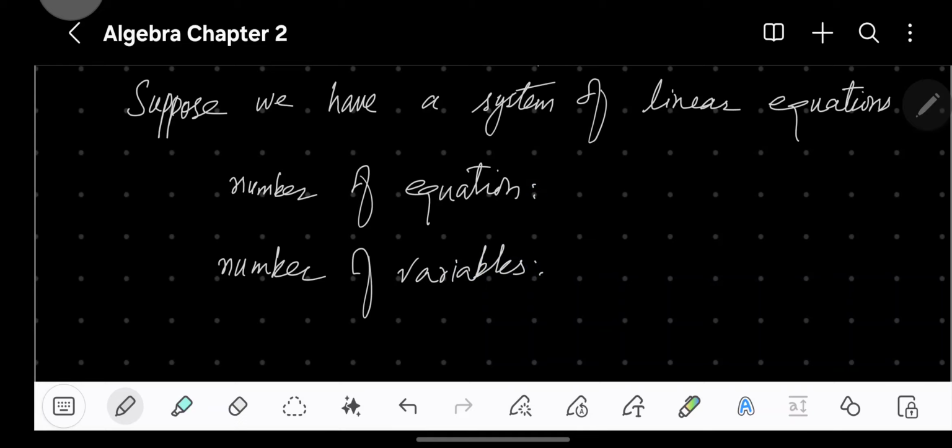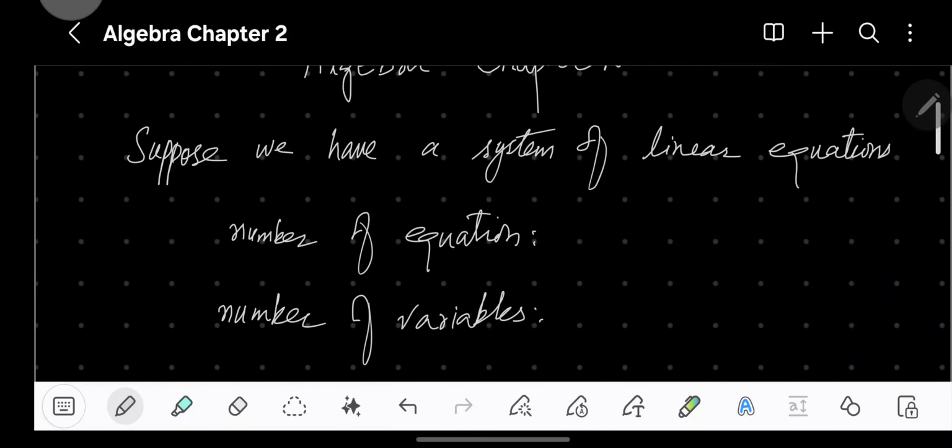So these two things are very important if we have a system of linear equations.